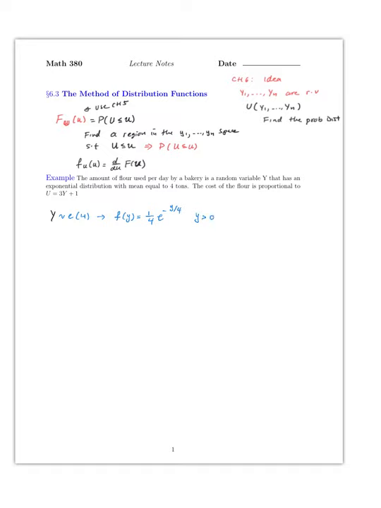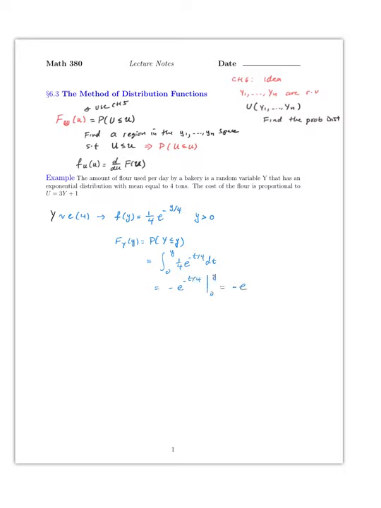Now we also need the distribution function. Remember, F of y is the same thing as the probability that Y is less than or equal to y. So by definition, this is the integral from 0 to y of f of t dt, and if we integrate, this is minus e to the minus t over 4 from 0 to y.